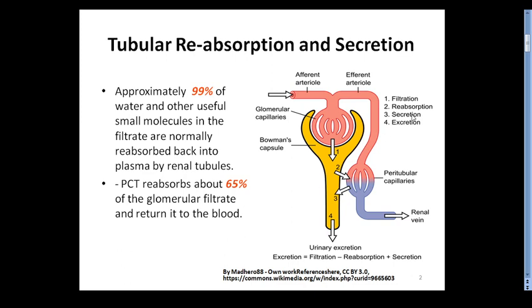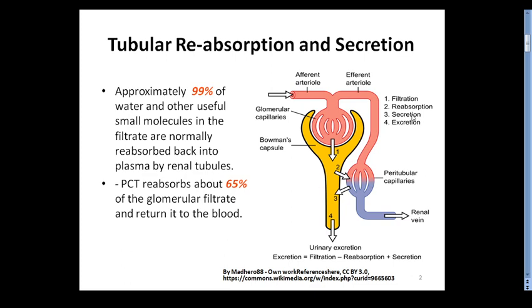So we know that 180 liter per day filtrate is formed by the glomerulus with the glomerular filtration rate of 125 ml per minute, and out of 180 liter of filtrate, only 1.5 to 2 liter of urine is formed per day.